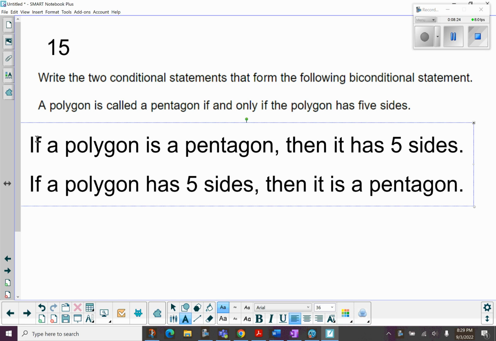And again, I would accept those in either order, full credit, whichever way. As long as you write them both in conditional form, we reinsert the words if and then. If you do that, then you will be correct.